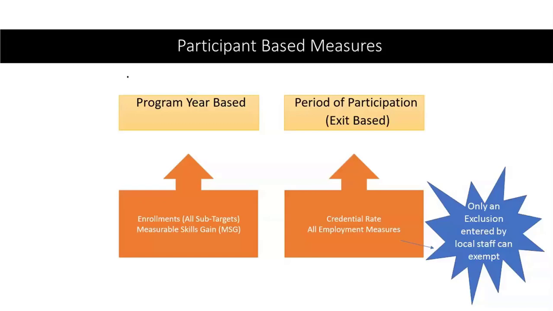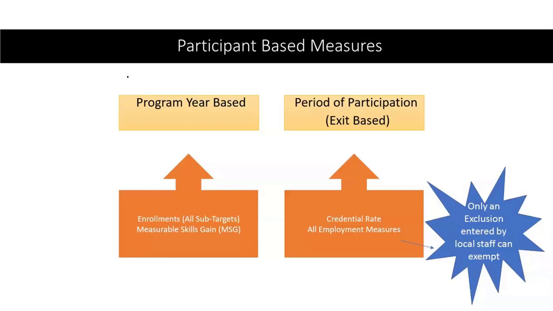And then we have period of participation measures, and those are all exit-based. What that measures is, regardless of how long a person is in the program, when they exit, meaning they no longer are getting services for 90 days, they're going to fall into employment outcome measures.